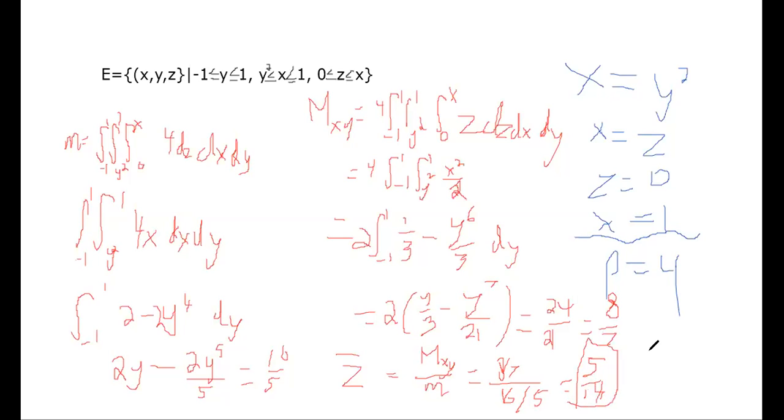And there's our center of mass for z. And we would solve any other center of mass in the exact same way. So we just need to complete 2 integrals and then put the result of one over the other, and we get a center of mass.